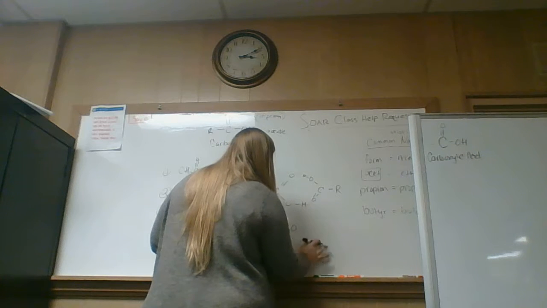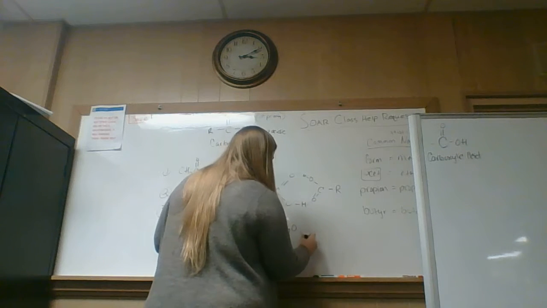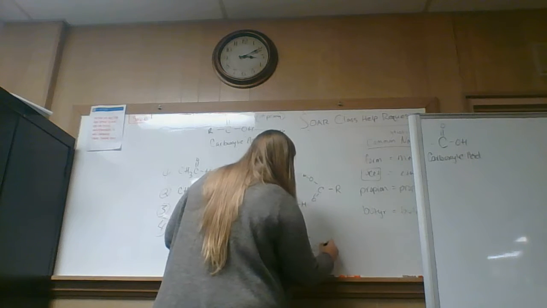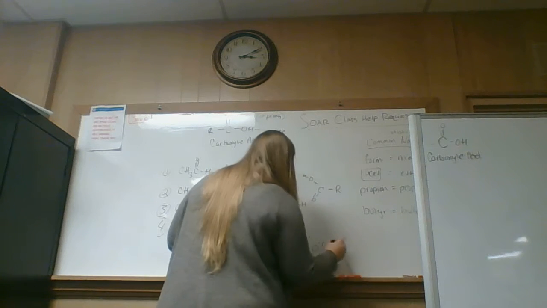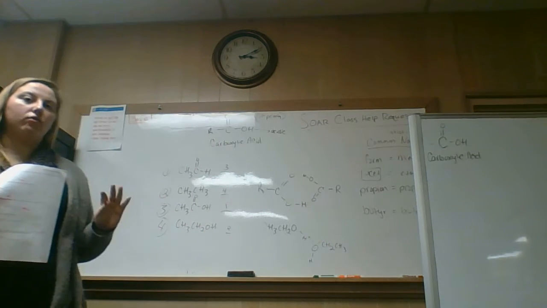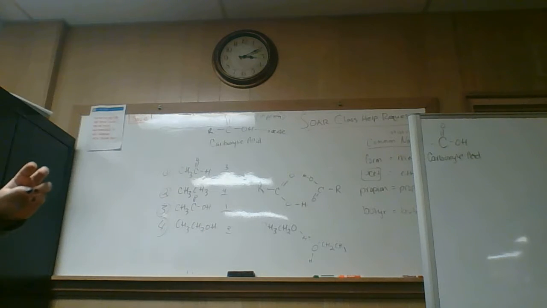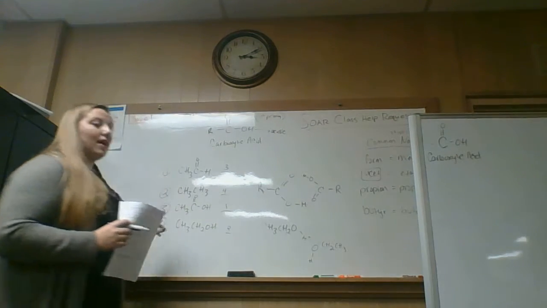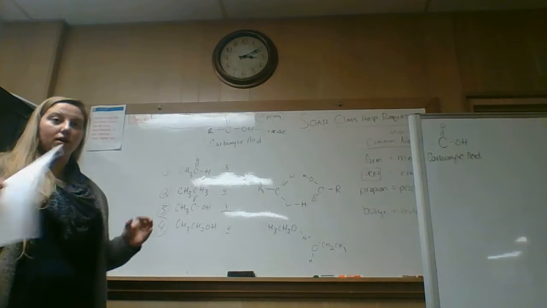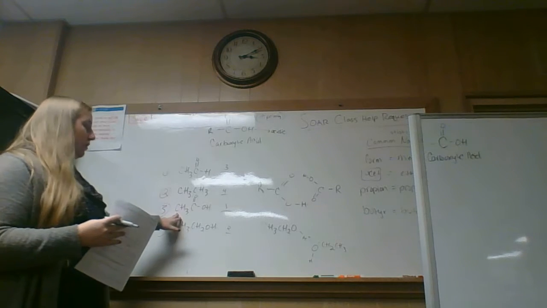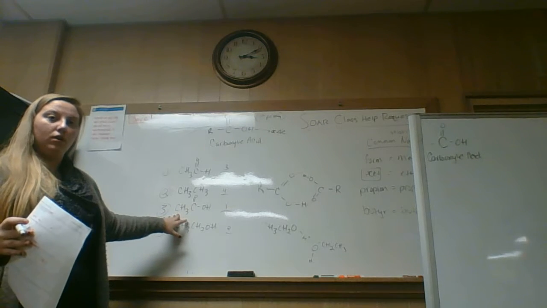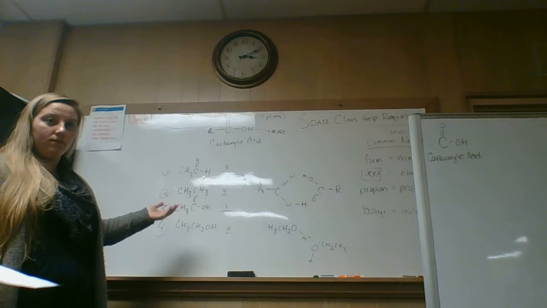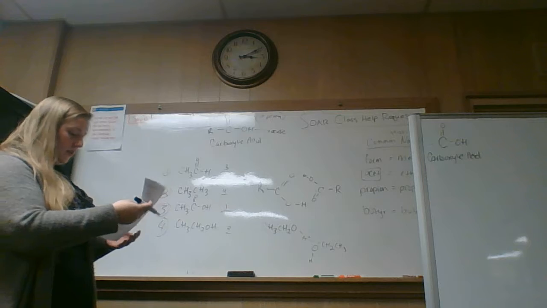Not the best drawing. Alcohols can only really have one hydrogen bond. So carboxylic acids and alcohols have the same type of intermolecular attraction, but this one is able to have two. This is similar to water. Water can also make this.